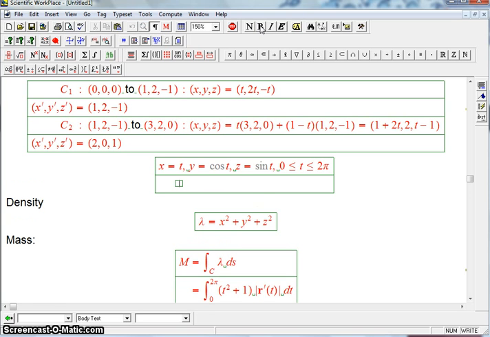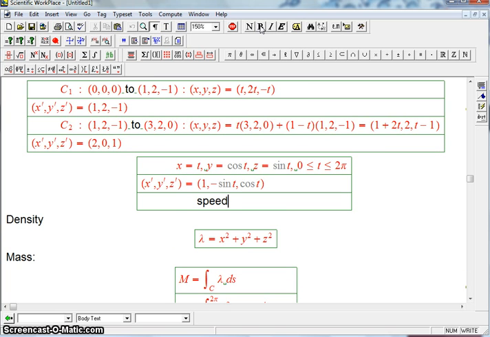So right when we get our parameterization, we should go ahead and calculate the velocity. So x prime, y prime, z prime equals, not too hard, 1, minus sine t, cosine t. But remember, all we care about is the speed, which is the magnitude of that, and that's going to be root 2.